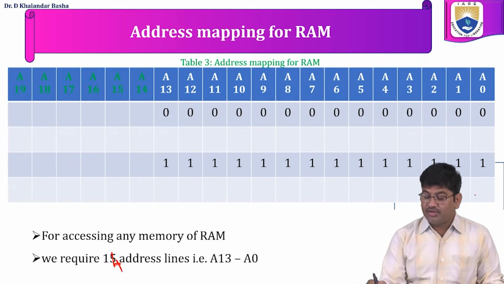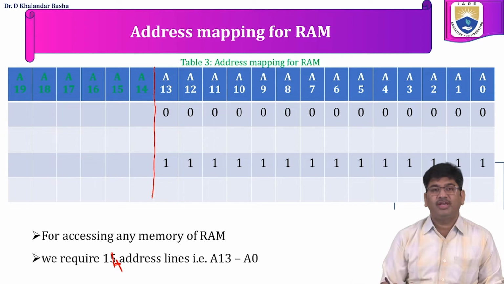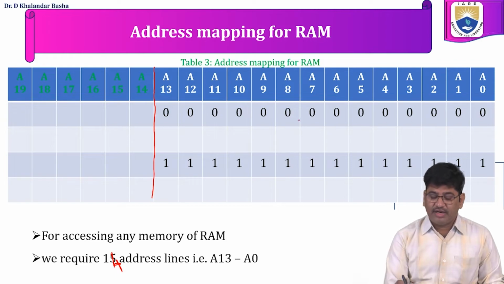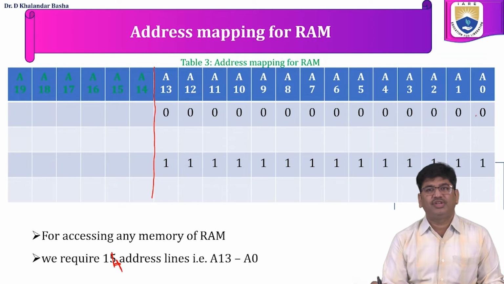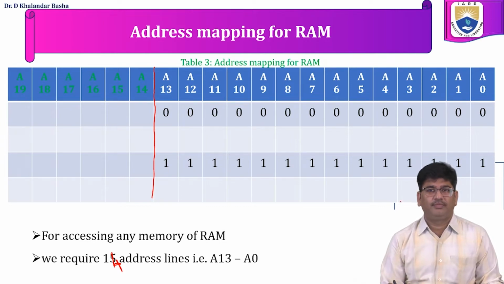So the A0 to A13 address space we will take for accessing any one memory location of the 2 RAM blocks. The minimum address is generated by providing each and every bit as 0, and the maximum or last address we get by assigning each and every bit as 1.